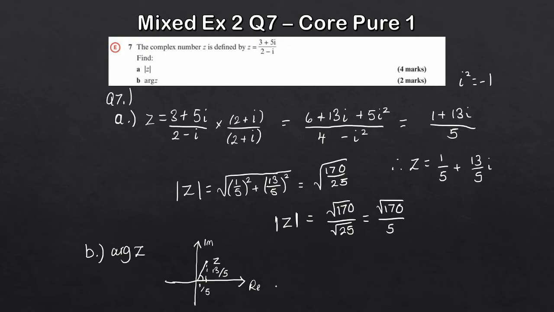So don't forget, this is opposite over adjacent again, so we need to use tan. So this is tan inverse of the opposite, which is 13 over 5, divided by the adjacent, which is 1 over 5.